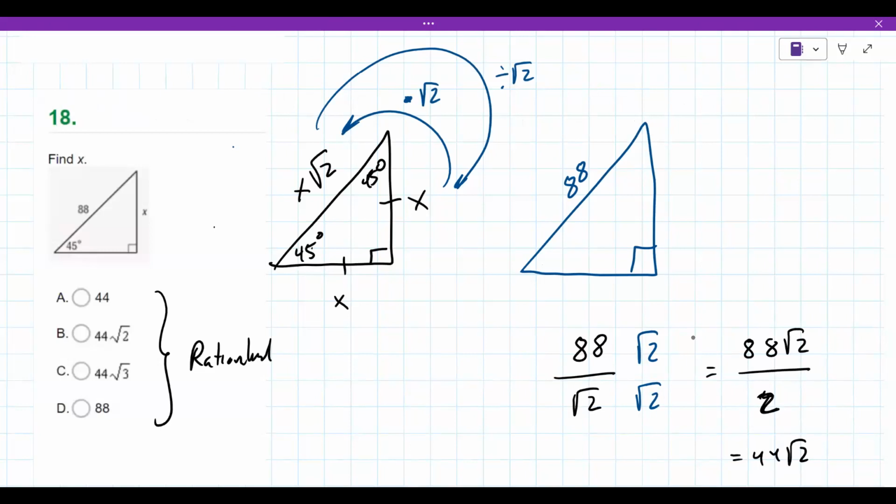All right. So I just have to rationalize it. So I would have to always do 88 times the square root of 2, divided by 2.